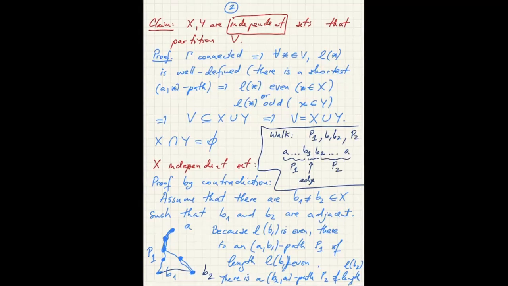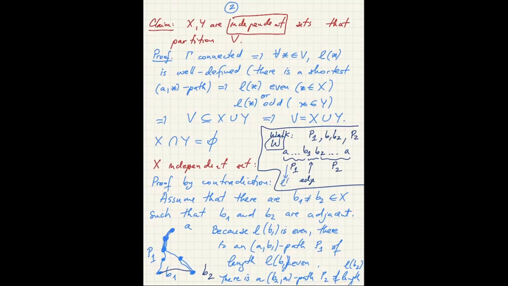Okay. And what do you notice? This walk starts at A and ends up at A. So this is a closed walk. So let's call this walk W. And what about its length? Well, we're using LB1 steps for the first part.